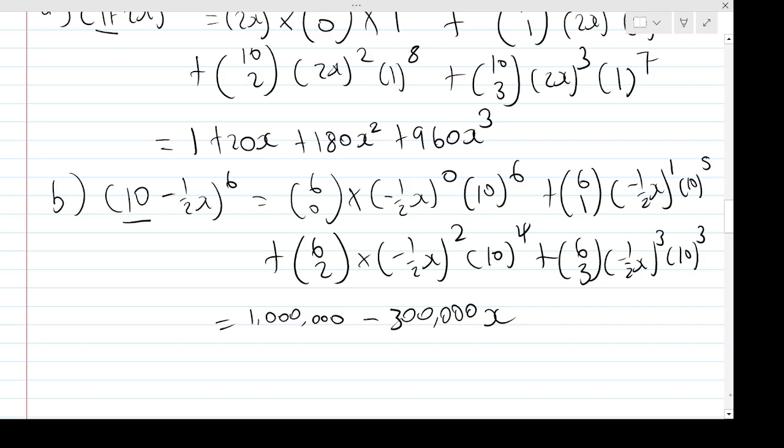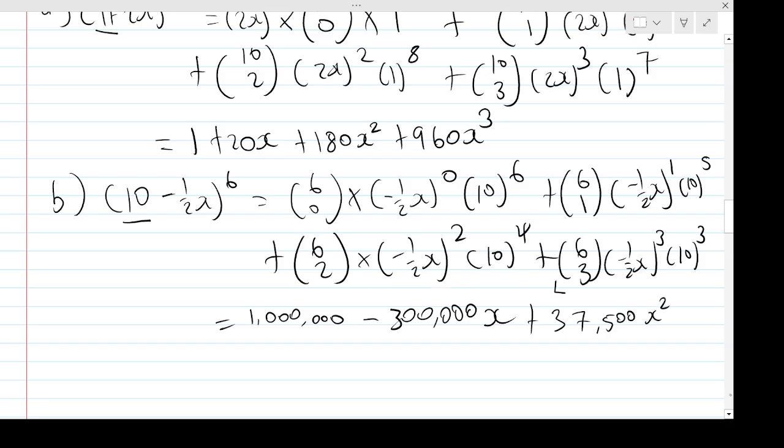Okay, then the next part here, we have 6 choose 2, that'd be 15, times minus a half all squared. So that 15 times minus a half all squared is 15 over 4, then times by 10 to the 4, we get plus 37,500 x squared.